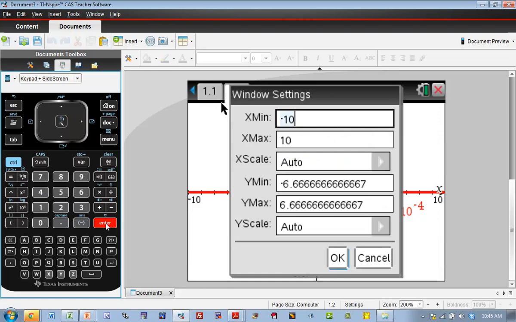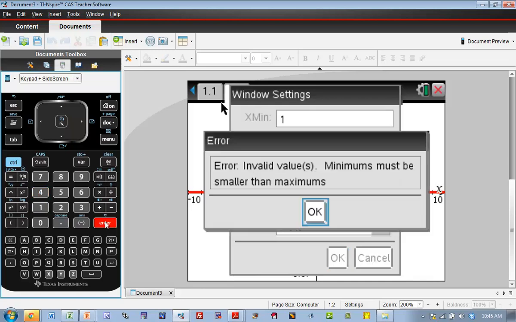How about we go from negative 1 to 1. And then let's go from x min 0, and let's go twice as big as 5 times 10 to the negative 4th. Let's go 10 times 10 to the negative 4th. That's twice as big as 5 times 10 to the negative 4th.